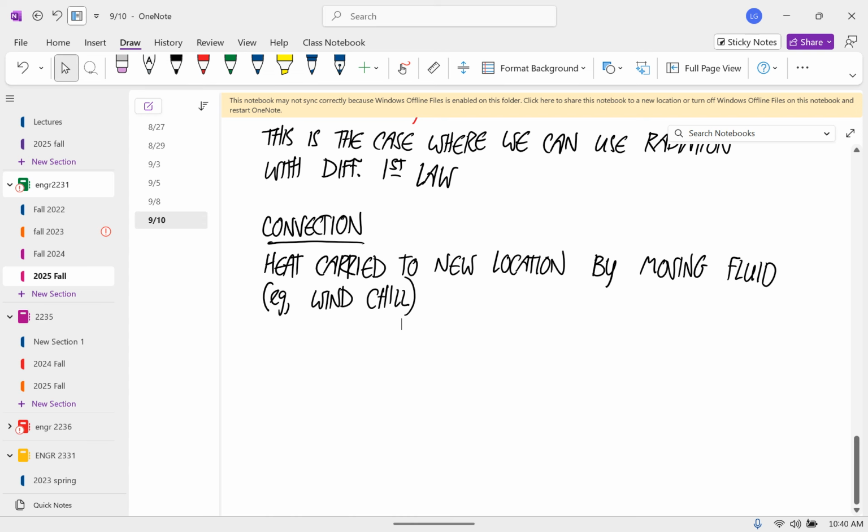And the formula for convection is that Q dot is equal to a constant H times an area, and I'll talk about what these are in a second, times the quantity temperature of the body minus temperature of the fluid.